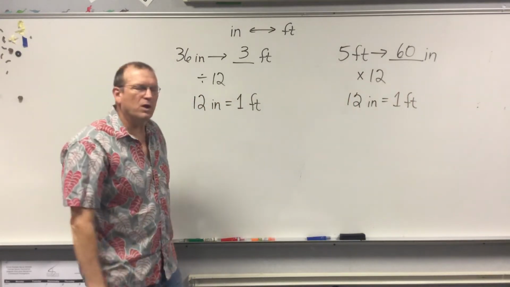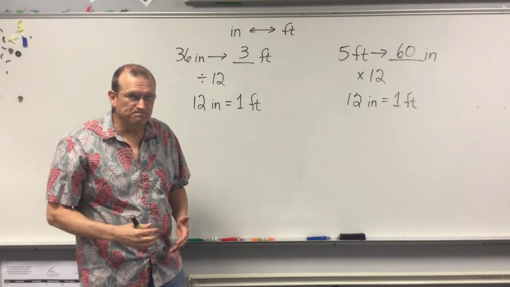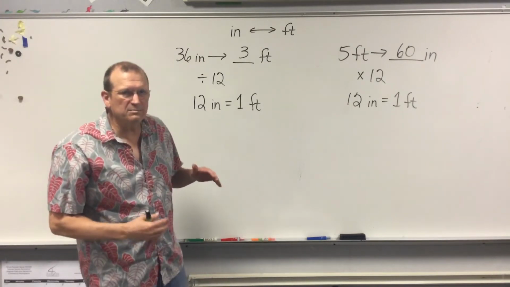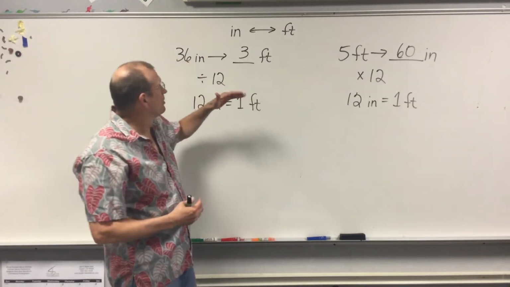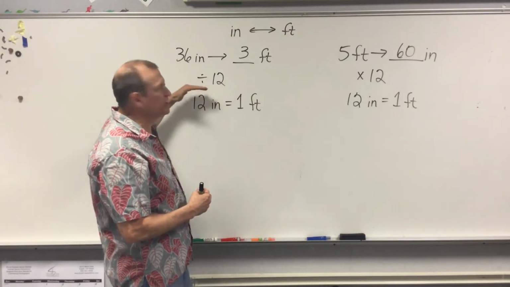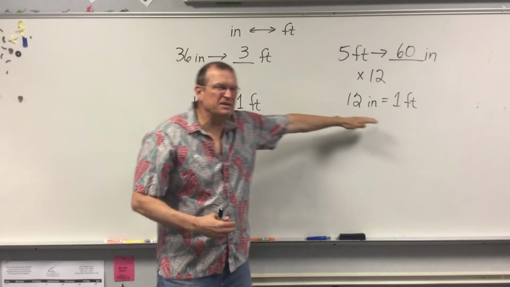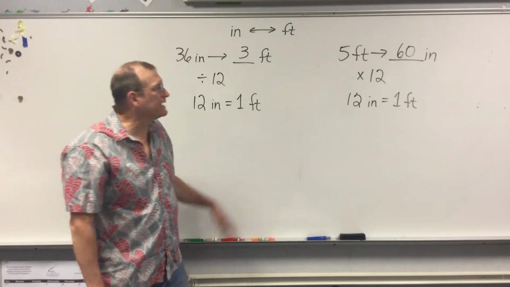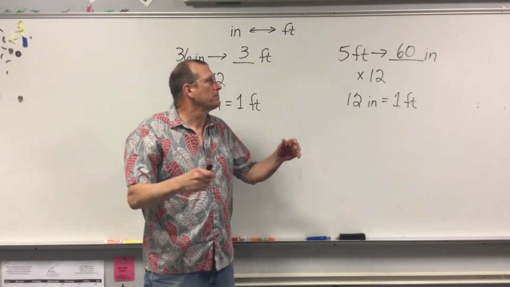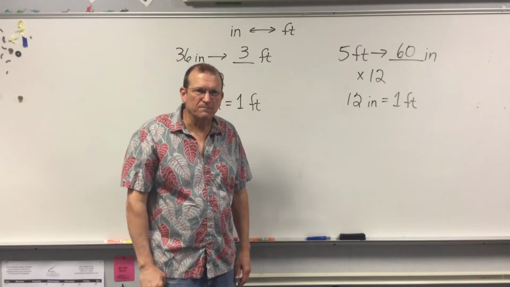And here's where I want to point out the problem. When it comes to your justification for what you did, you are giving me the same justification in both scenarios. You're saying, I did this because there's 12 inches in 1 foot.